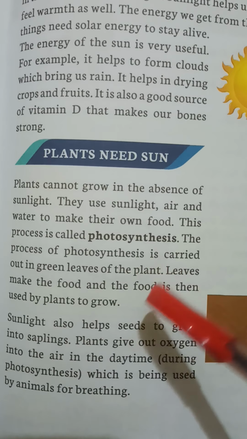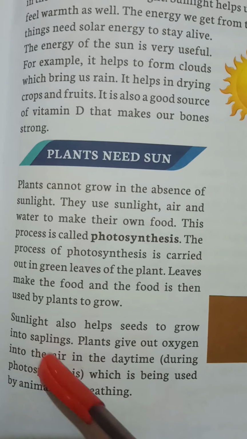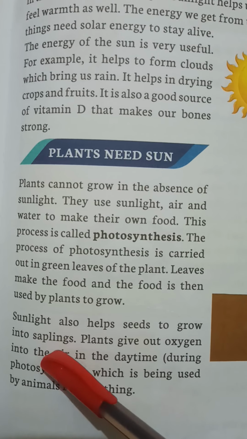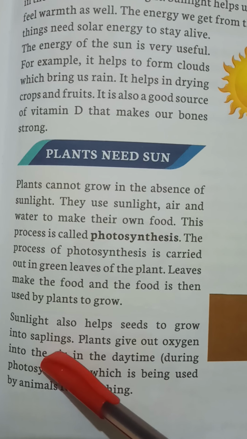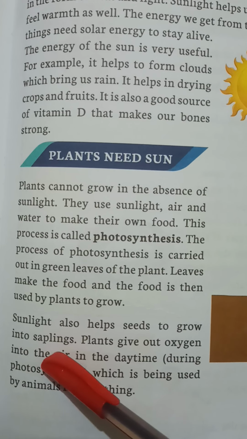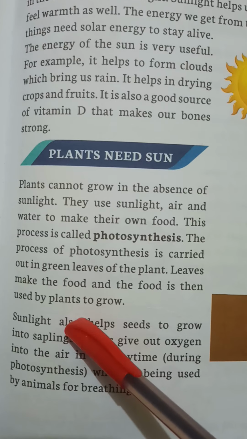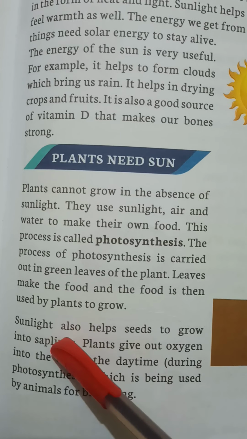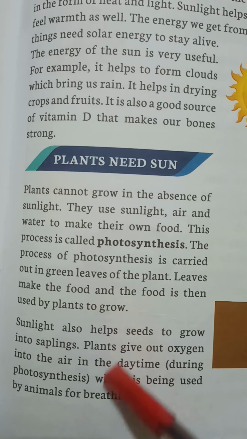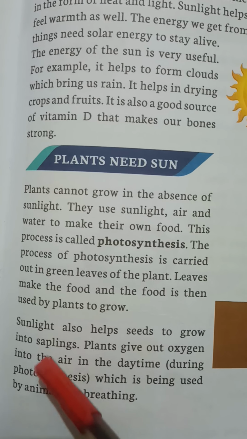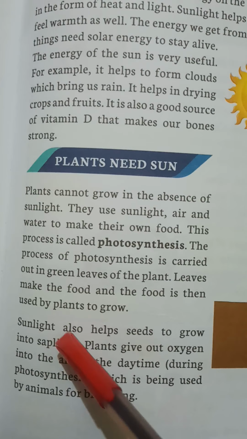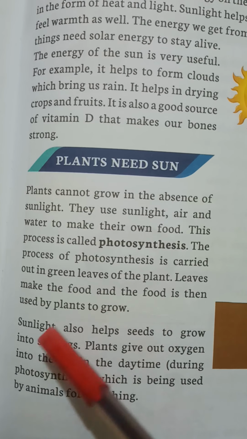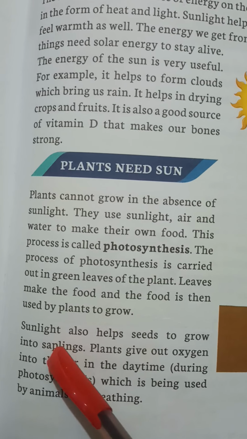Sunlight also helps seeds to grow into saplings. When we put the seed into the soil for germination, we give water and it receives air, but the seed also needs sunlight in enough amount, not too much, otherwise it will dry.